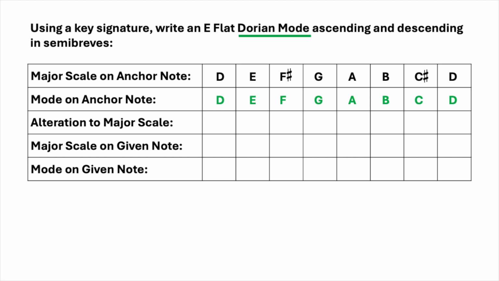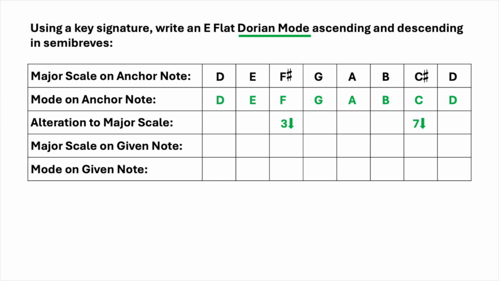There is no change to the first two notes, but the third note of the scale has been lowered by one semitone. Notes 4, 5, and 6 are all also unchanged, but note 7 is again lowered by one semitone. This means that a Dorian mode is essentially a major scale with a flattened third and a flattened seventh.